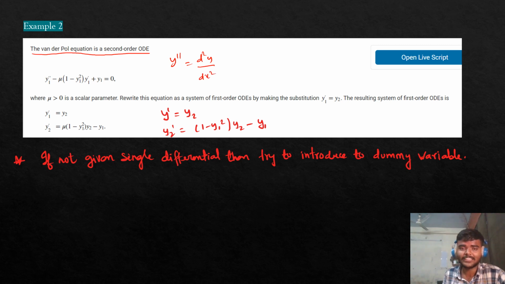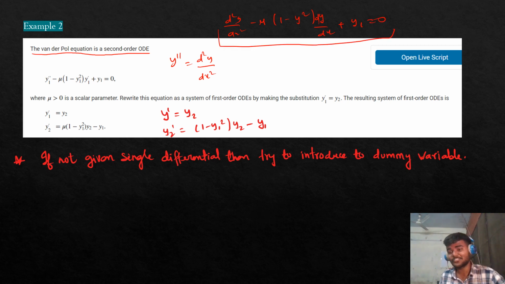So you can say this equation is like this: d square y by dx square minus mu (1 minus y square) dy by dx. Now this is a tough type of equation, but this ODE45 can solve it very easily.